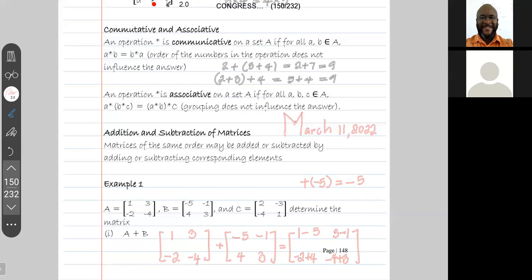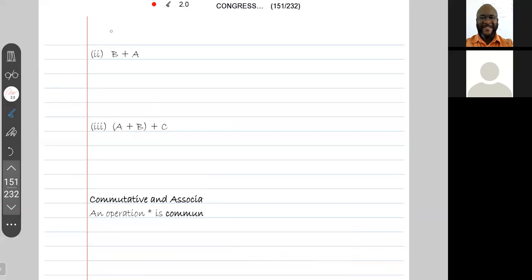Minus 2 plus 4 is 2. Minus 4 plus 3 is minus 1. So the answer for A plus B is minus 4, 2, 2, minus 1.